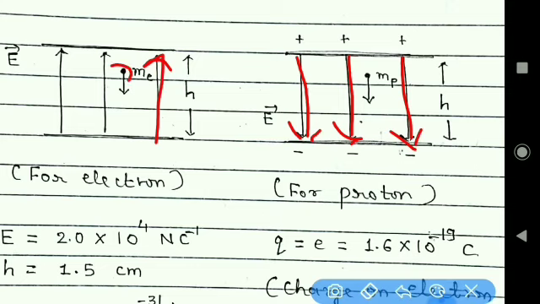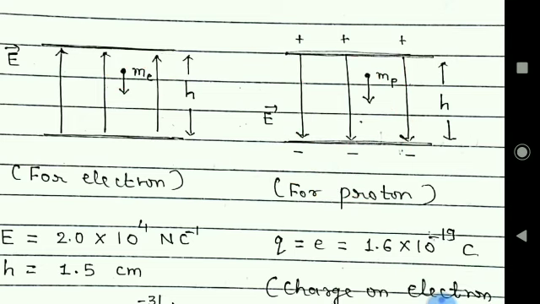Earlier an electron was placed in the electric field, now a proton is placed in the electric field. So as I said earlier, if a positive charge is placed in an electric field, then it will move in the direction of electric field due to the same force, that is F is equal to Q into E.